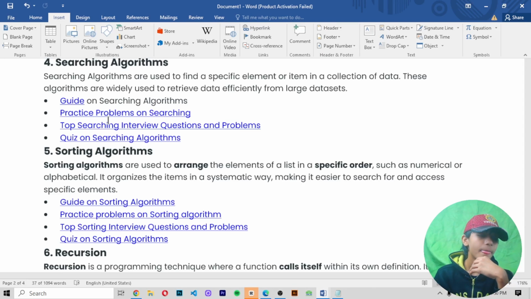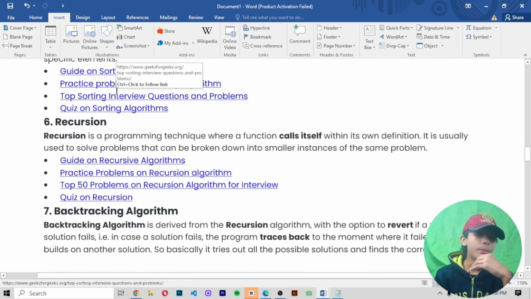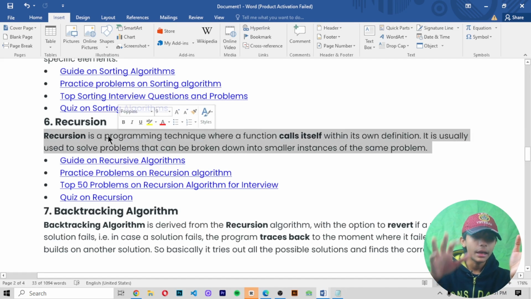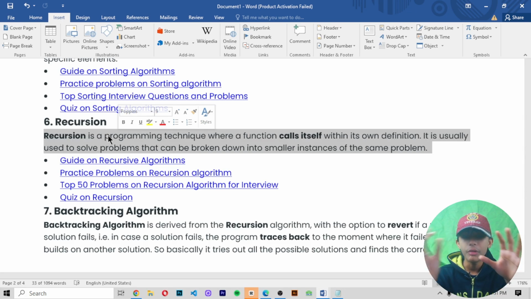Now number 6, recursion. I know many people know what recursion is because it is very popular. Recursion is a programming technique where a function calls itself within its own definition.